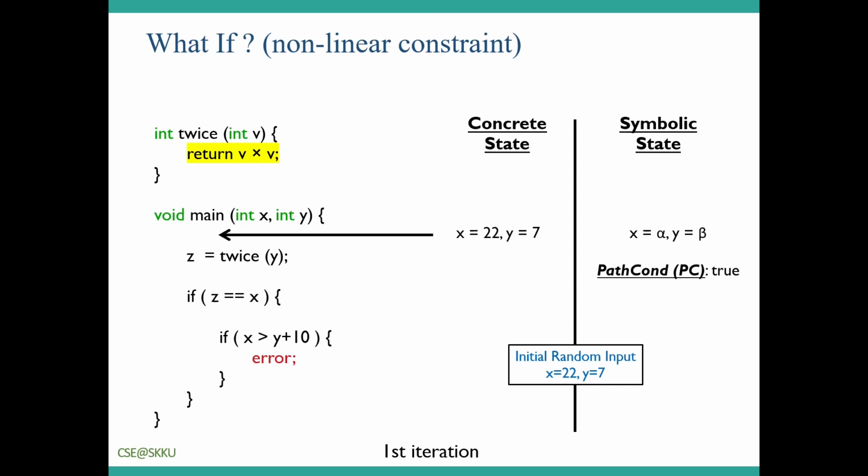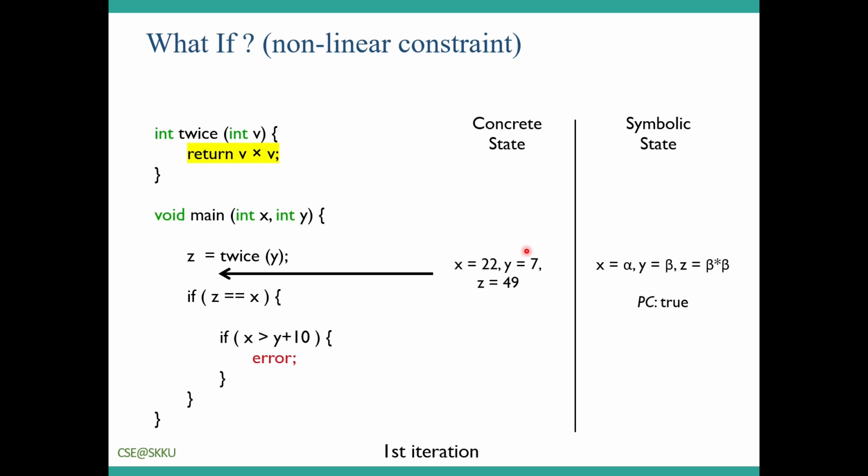Now let's make the example code a bit more challenging, as highlighted in the slide. The twice function has been replaced with a square function that returns the square of its input. Let's symbolically execute this modified program again using the initial random input x equals 22 and y is 7.